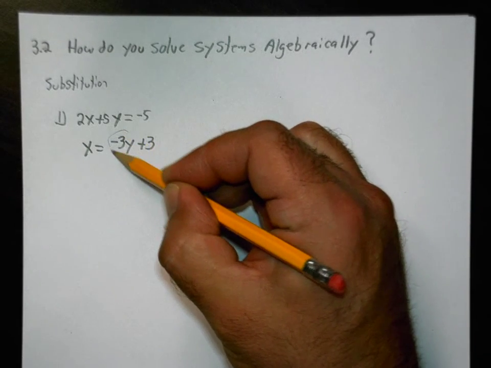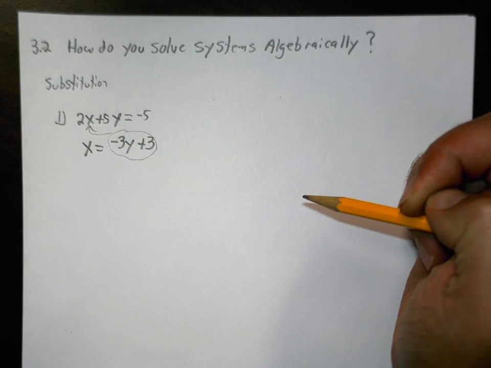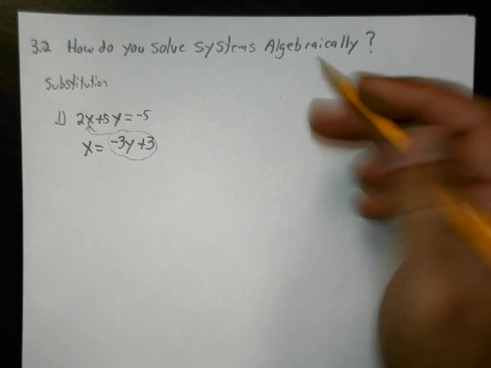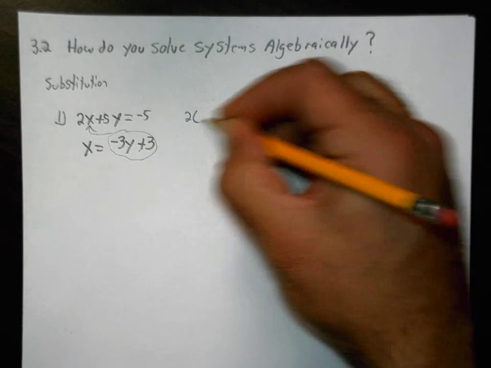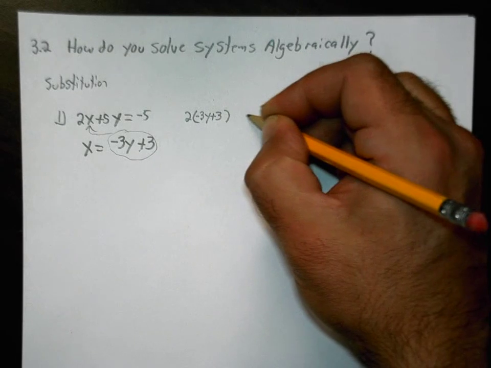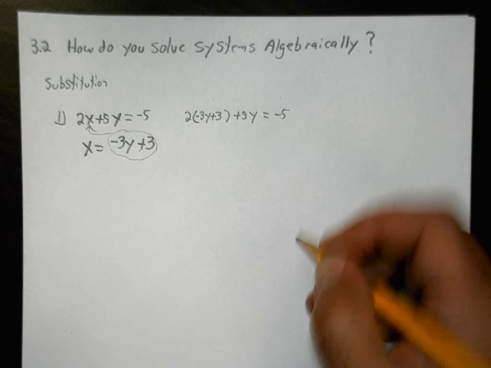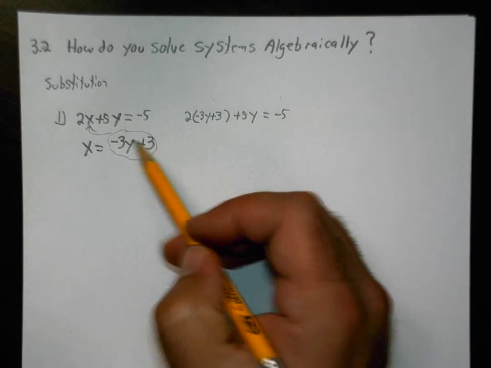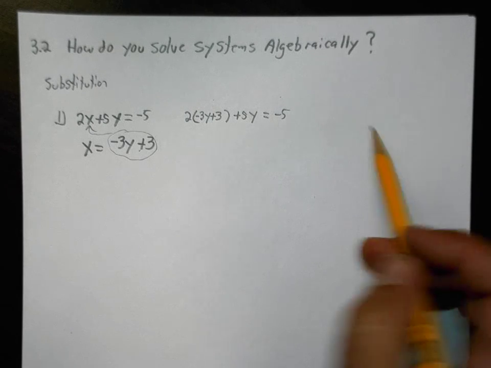We can simply take what x is equal to and substitute it in the other equation. And what will happen there is if I substitute this in, I'll get 2 times negative 3y plus 3, plus 5y equals negative 5. It's going to look like that. So I've substituted this in for x because that's what x is equal to.